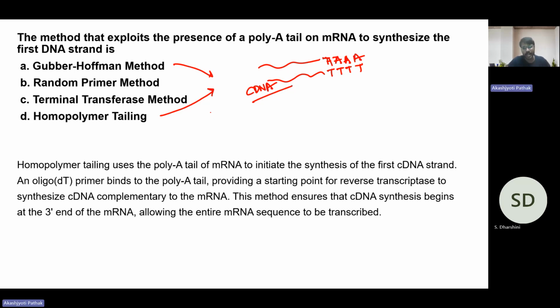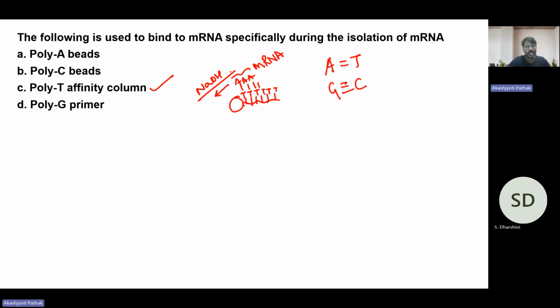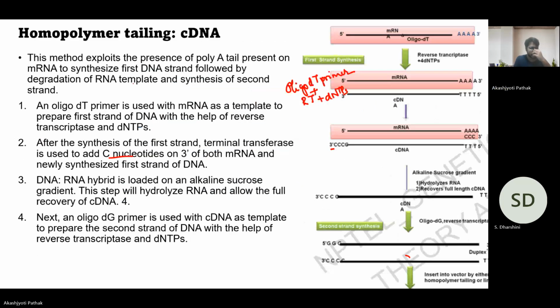But if you go and see the description that is there for this Gubler-Hoffman and your homopolymer tailing, in the lecture slide, it specifically mentioned that this method exploits the presence of poly A tail present on mRNA to synthesize first DNA strand.